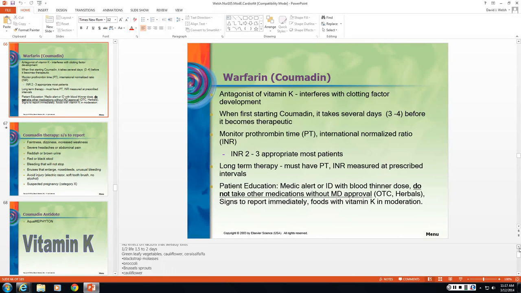These are going to be things like your green leafy vegetables, cauliflower, broccoli, Brussels sprouts, cereals, cow's milk, egg yolks, meats such as pig and beef liver, your peas, potatoes, string beans, yogurt. They need to eat those in moderation, not eat a lot of those.